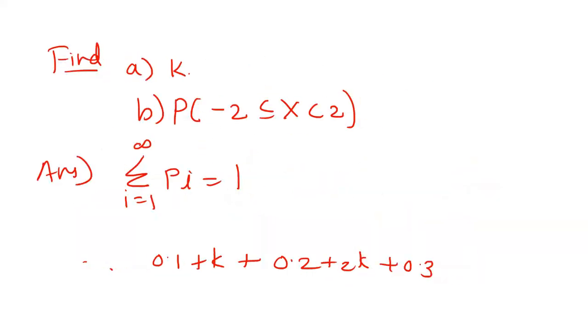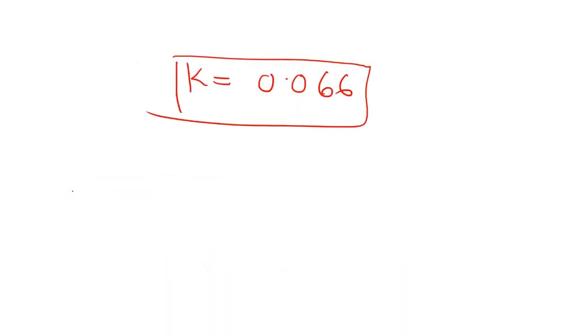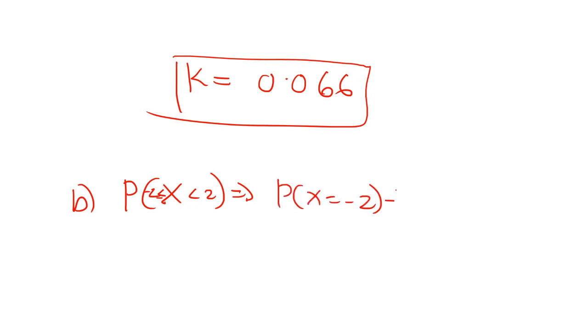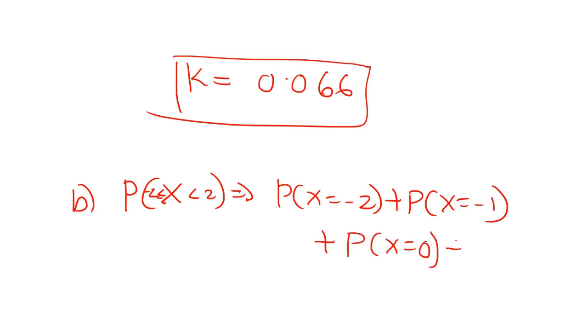What is the second point? What is the probability of x existing between -2 and 2? That is P(x = -2) plus P(x = -1) plus P(x = 0) plus P(x = 1).